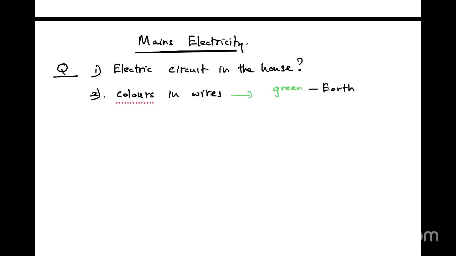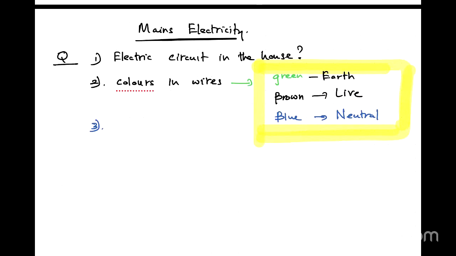If you are using a brown wire, then that is the live wire, right? And if you are using a blue wire, then that is the neutral wire. So remember them, okay?